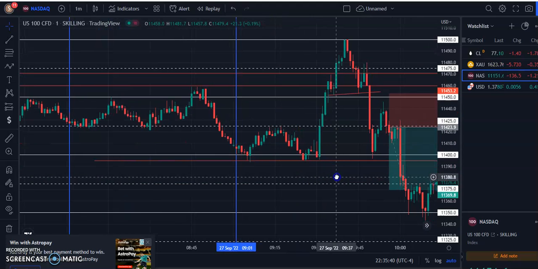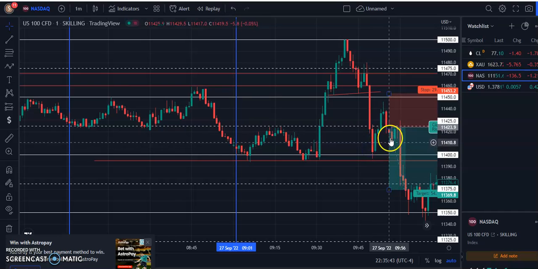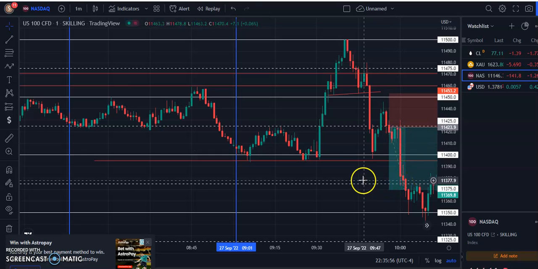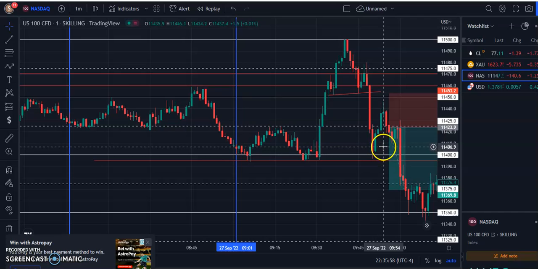Now, let's see. This is where my entry was, at the close of this engulfment. And boom, 50 pips easy. Because, well, first of all, we have this range.